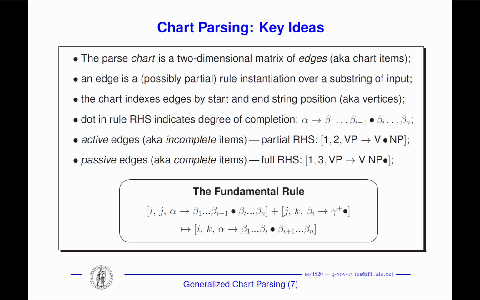Effectively, I'm binarizing the combination. So in the CKY algorithm, it was by nature binary because I was restricting my rules to exactly two right-hand side elements. Now I'm back to allowing any sequence here. But I have introduced a mechanism to record, to make explicit, and to memorize any intermediate combination that results from picking a rule and beginning to tick off the right-hand side categories that it is looking for.